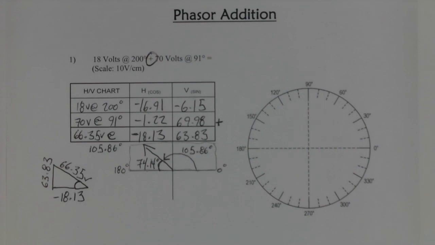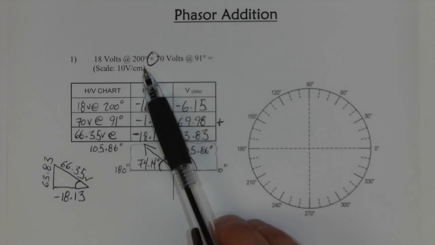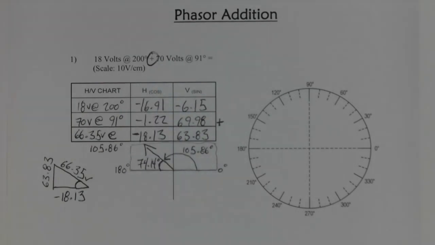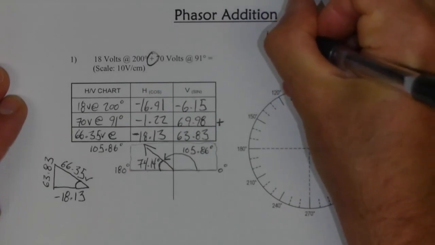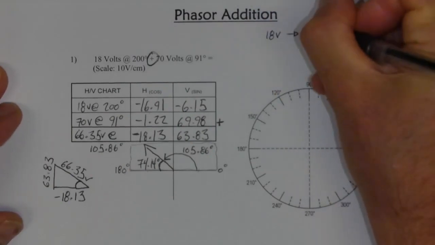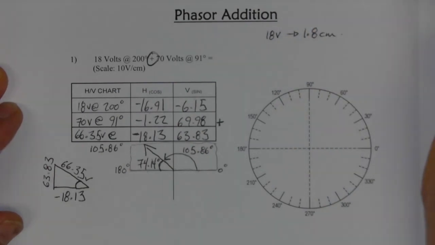So all I'm going to do is take my 18 volts and divide it by 10, and that will give me the number of centimeters. So for my 18 volt phasor, it's going to be 1.8 centimeters in length.